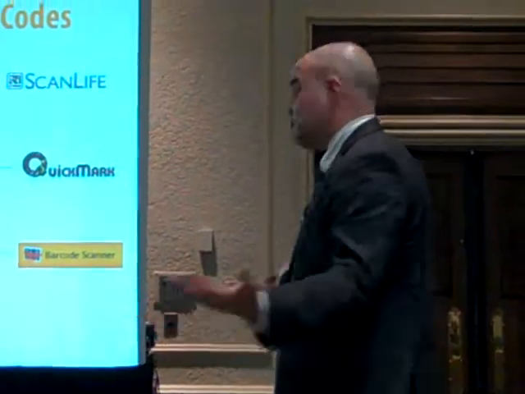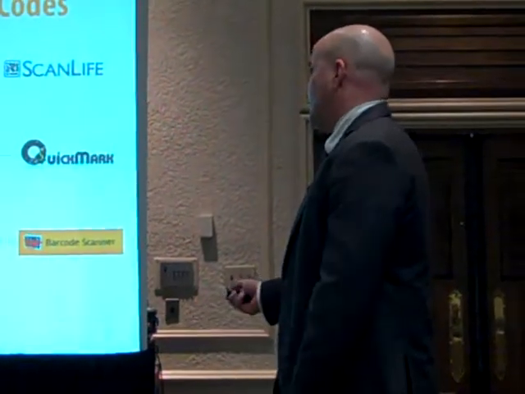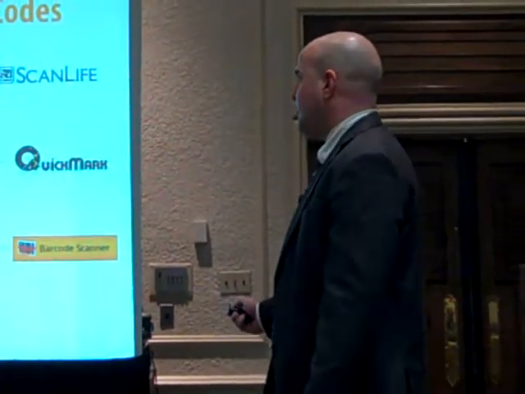If you have a Droid, one beautiful thing about smartphones is so many of them now run on Android, the platform. There's an app called the barcode scanner, and I know that one is free, and that one runs pretty much perfectly every time. And so the barcode scanner for the Android platform, and for a BlackBerry, that's probably the one where we see the most difficulty, but there's an app called the BlackBerry Messenger.